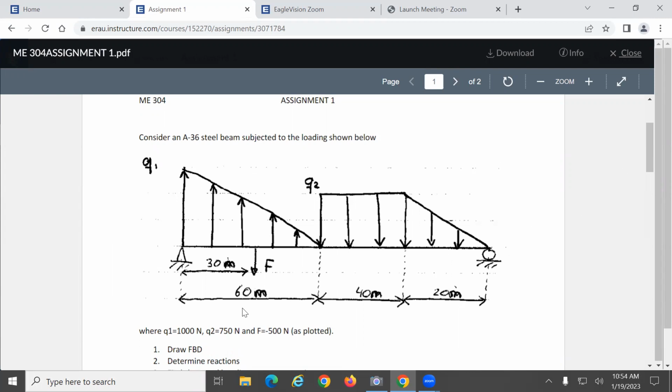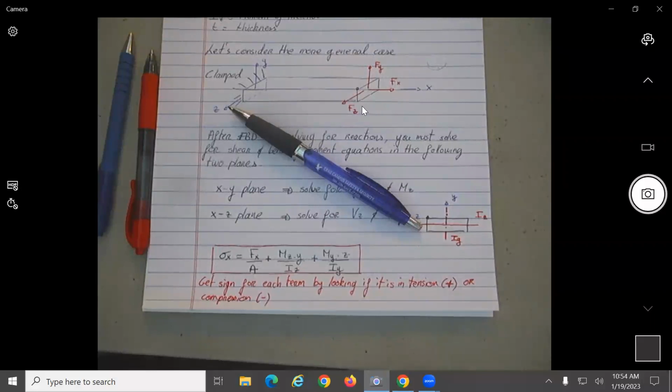Loads in every single direction, no? So basically here, you only need to solve the shear and bending moment diagram in one plane, correct? Because it's only forces in one plane. Second assignment, something similar. If there are loads like the one we just did in class on the X and Y over here, you need to redo the whole procedure for two different planes, no? So it might take a while, no?